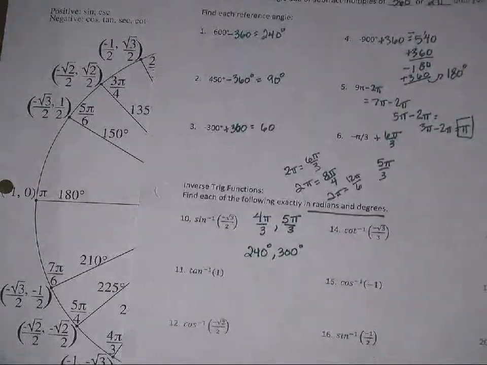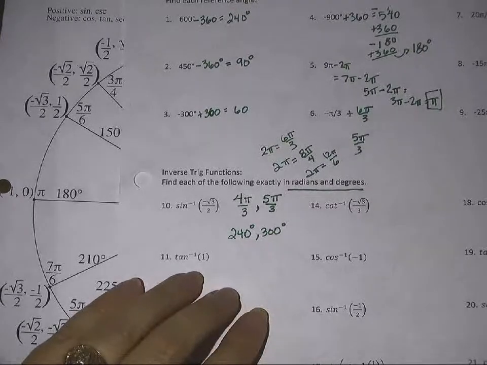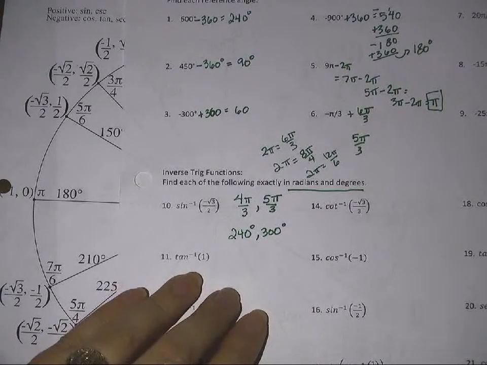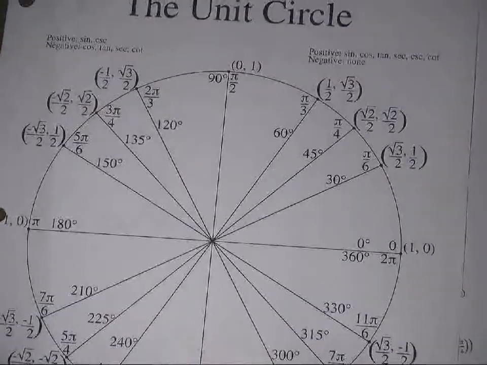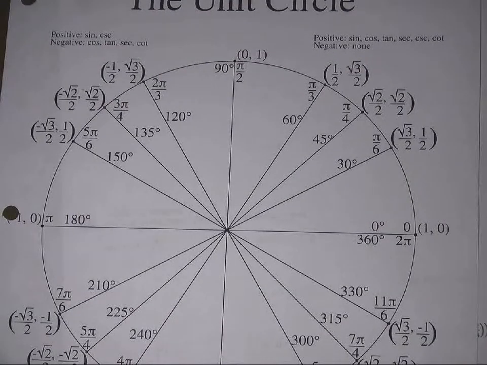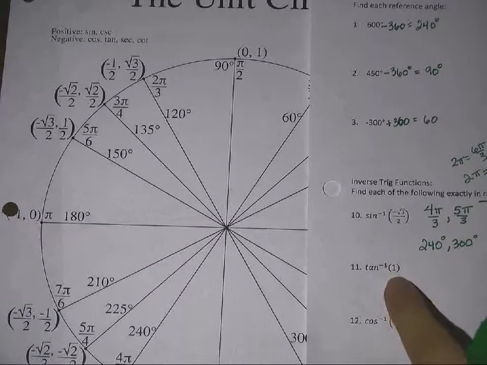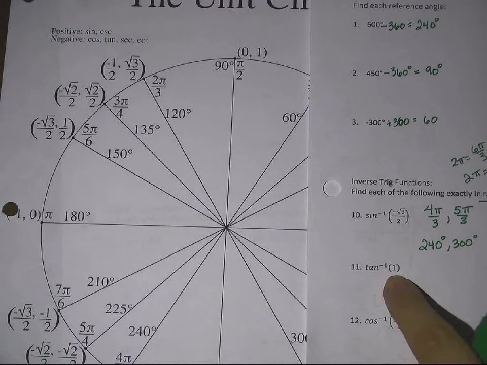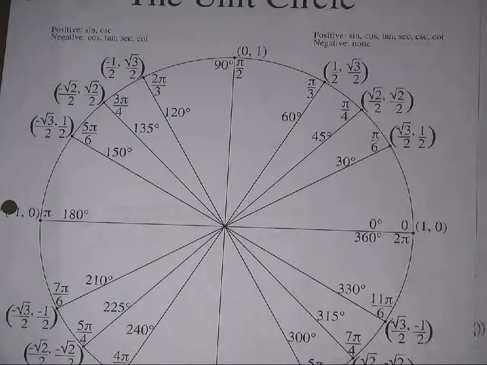All right, so let's look at number 11. It says, find the angle where tangent is equal to 1. Well, where's that going to happen? Because tangent is y over x, the only way that y over x can equal 1 is when the same thing is in the numerator and the denominator. Well, that happens in two places.